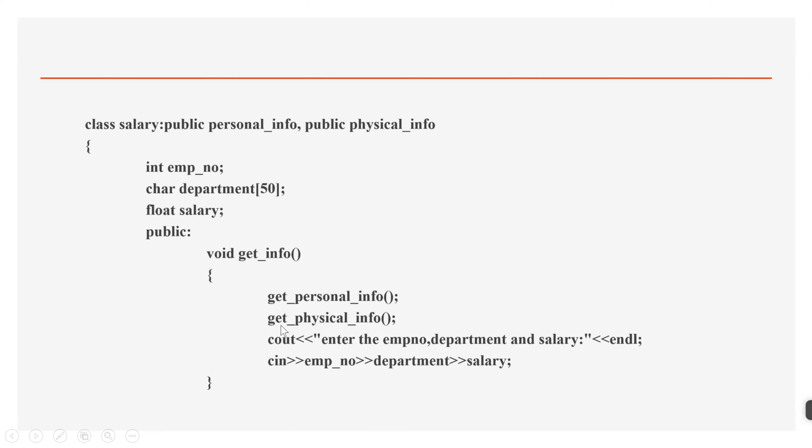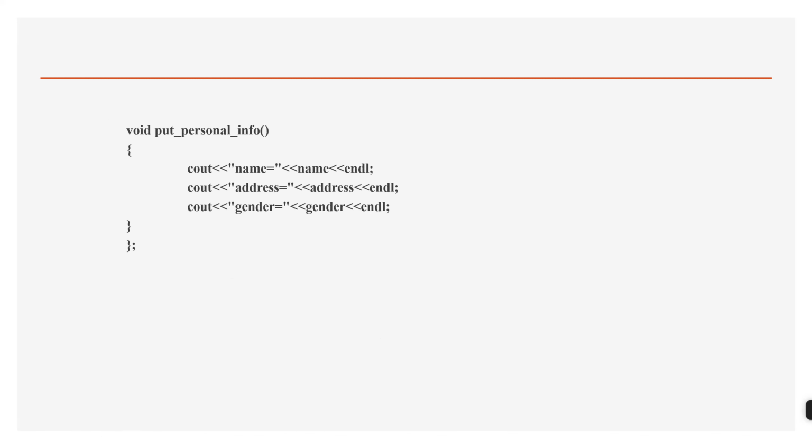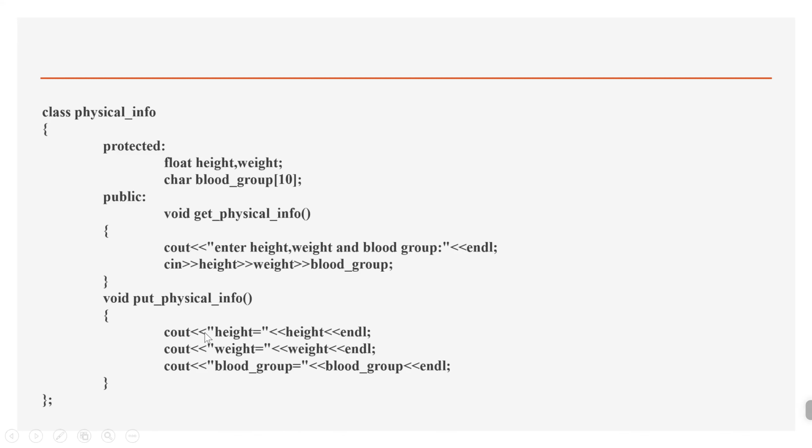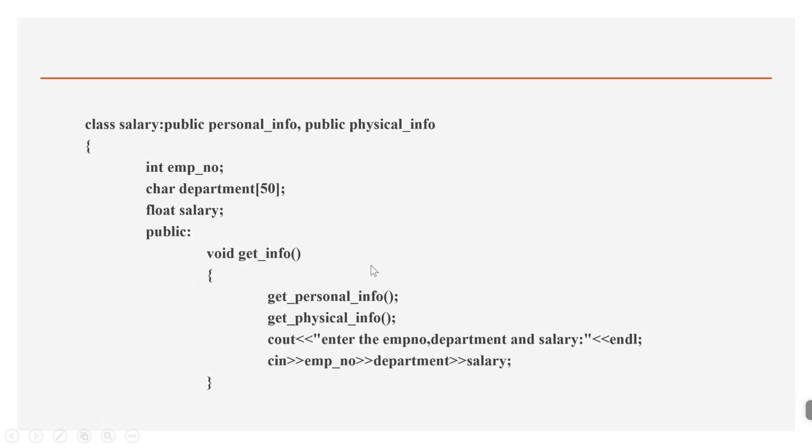Similarly, get physical info. Physical info is an info which is mentioned here. Get physical info is reading height, weight, and blood group.